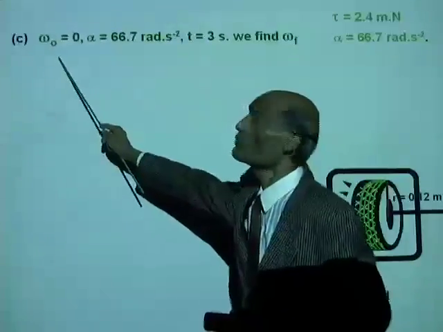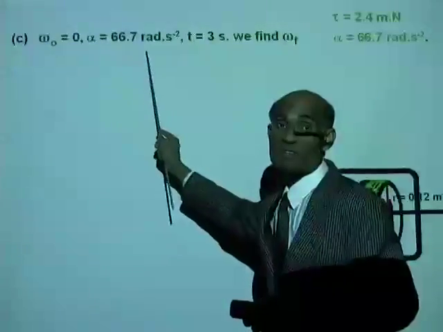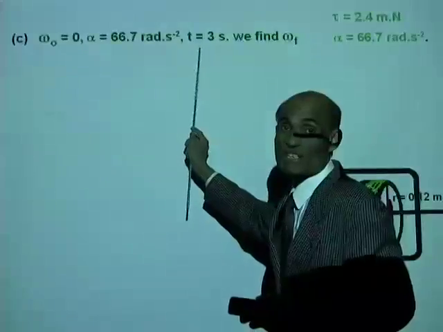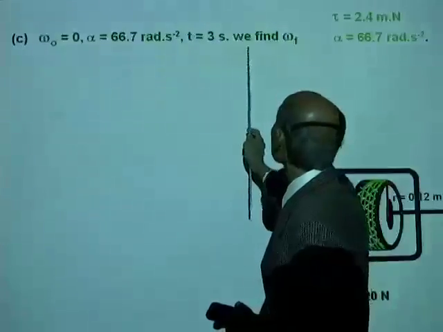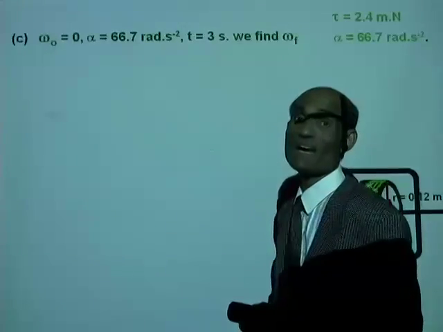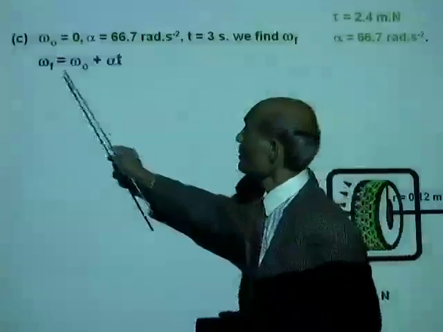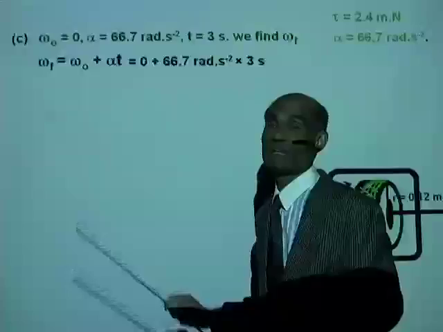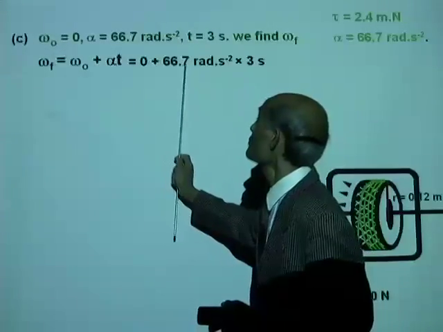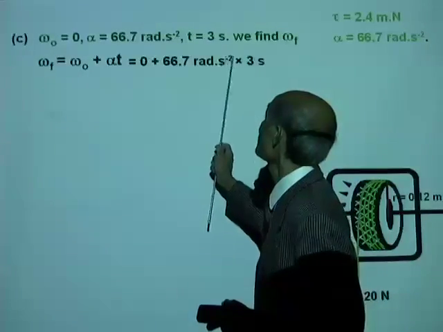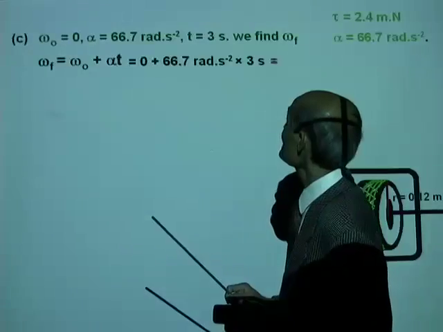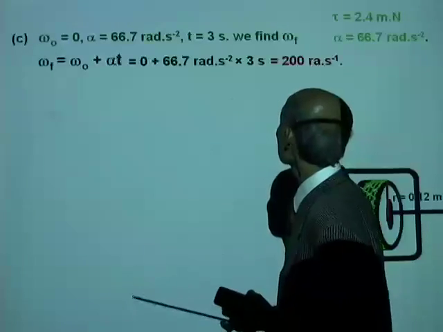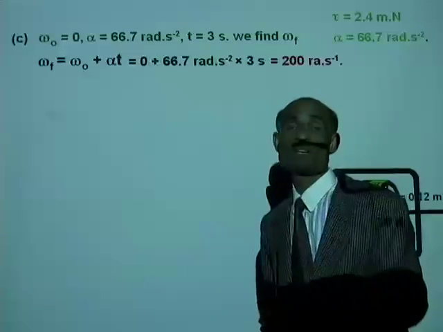Omega 0 is 0, alpha we just calculated, and time is 3 seconds. We need to find omega f. That will be 66.7 radian per second squared times 3 seconds, that is 200 radian per second.